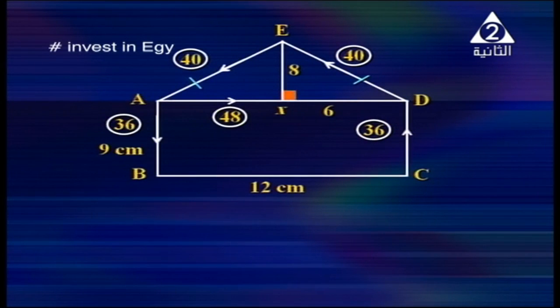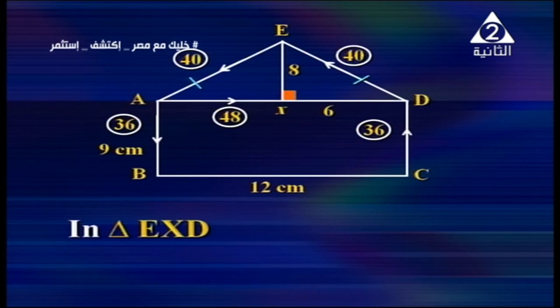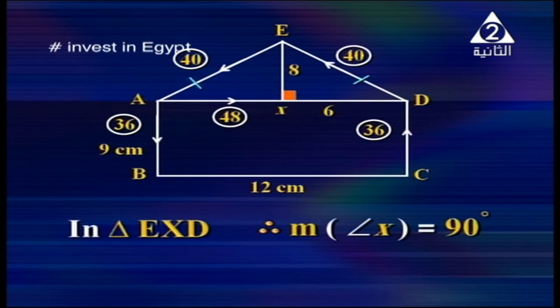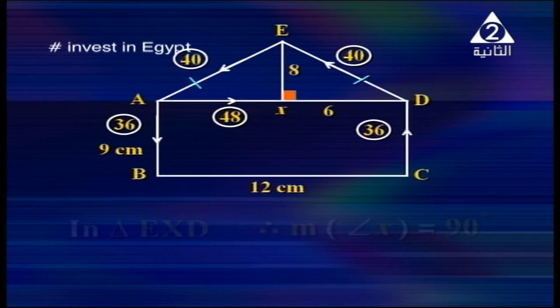Look at, my dear student, ABCD is a rectangle and we have a triangle with base AD. We have forces acting on AB 36, CD 36, DE 40, EA 40, and AD 48. Then in triangle EXD, look at the figure, angle X is a right angle.